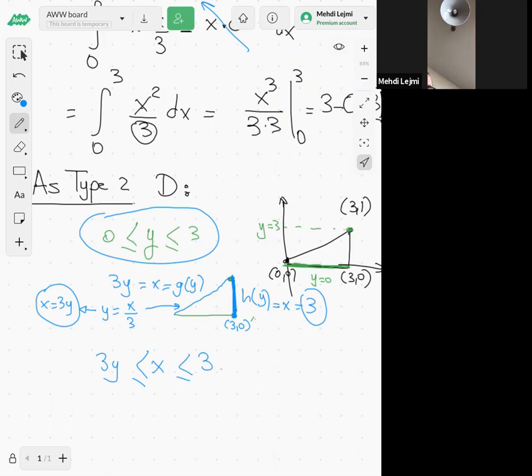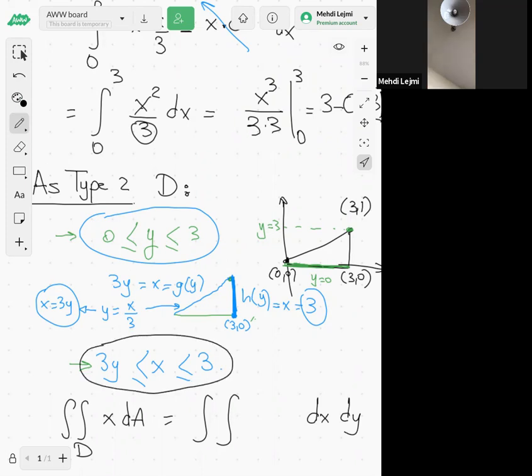So when you evaluate your integral over D of the function x, right? Now my y is between two constants, and my x is between two functions of y. So then we have to integrate first with respect to x, right? So here, first we have dx and then dy. Again, it's because your x is between two functions of y and y is between two constants.